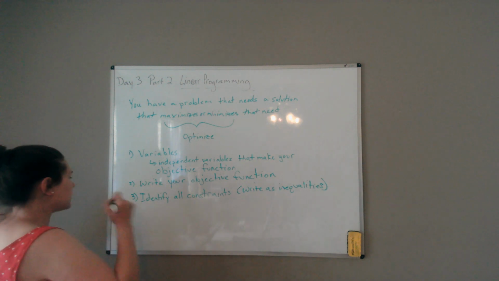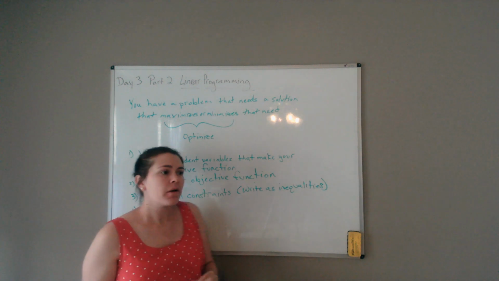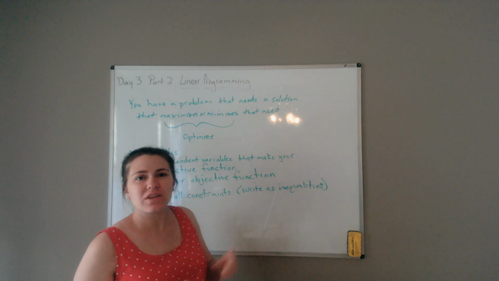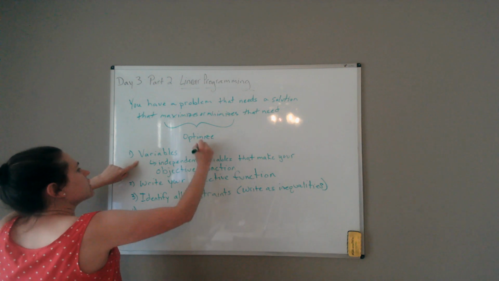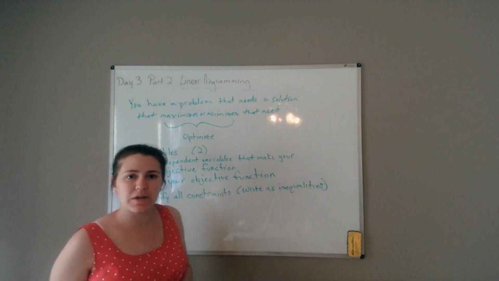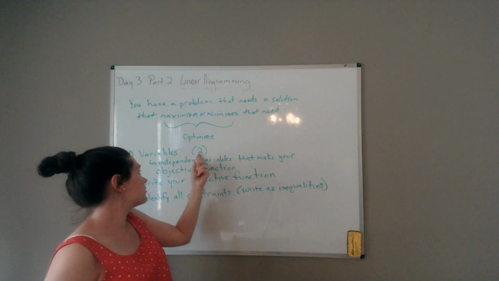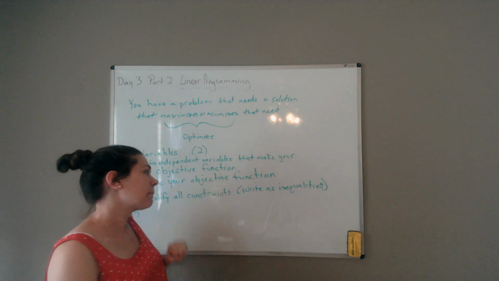Now, when you do this by hand in this class, okay, there is computer software that does this, but we're only going to have 2 variables, which means we'll be able to do this on a coordinate plane. You can have much more than 2 variables. In my example I just gave about toys, that's 3 variables, okay?